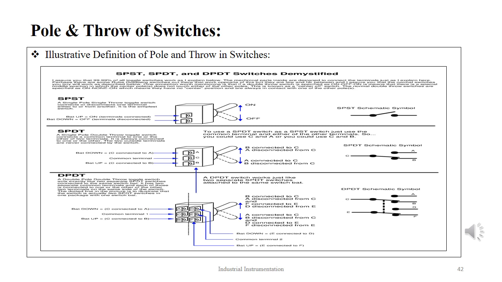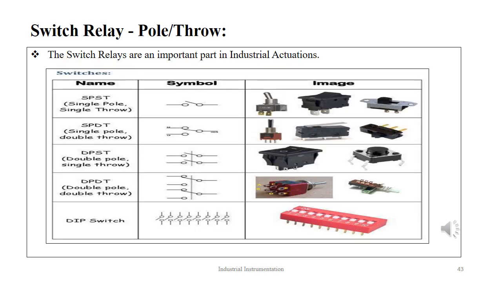The dotted line in the picture is to illustrate that the switch is actually two SPDT switches in one package with one switch bat. Here we see the symbolic representation of SPST, SPDT, DPST and DPDT switches, and finally we have DIP switches.